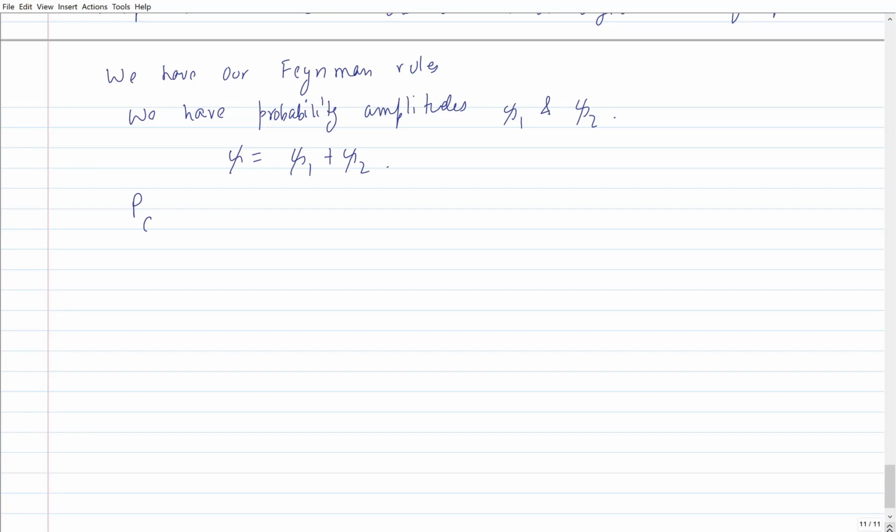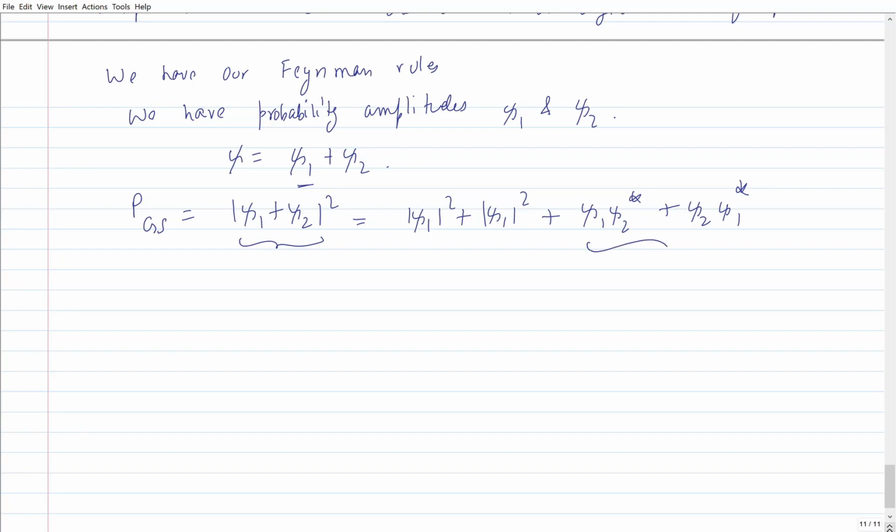The probability GS would be given by the individual probability amplitudes, psi1 plus psi2, where psi1 is associated with the upper slit and psi2 is associated with the path the electron takes from the down slit. We add these up, and the probability is given by the modulus squared of the amplitudes, and in addition to P1 and P2, I get these interference terms.